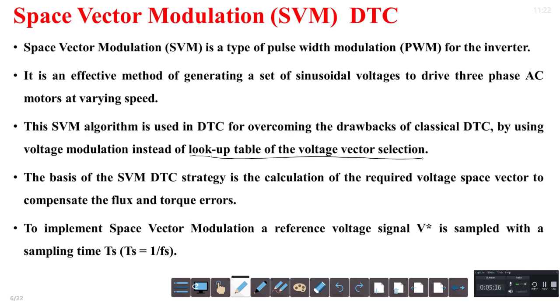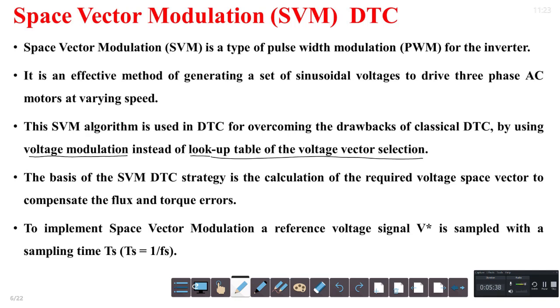We use comparison of a reference and carrier to generate a voltage signal which can have the desired reference value at a desired angle. The basis of SVM DTC is the calculation of the required voltage space vector to compensate the flux and torque errors. That is most important.